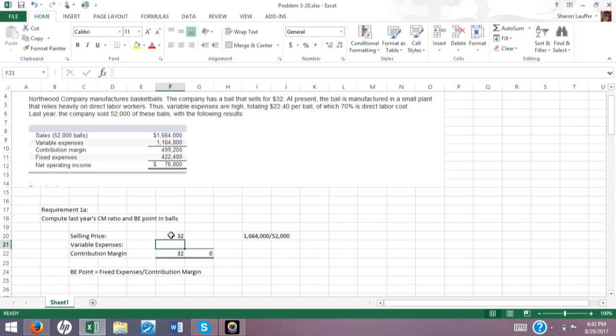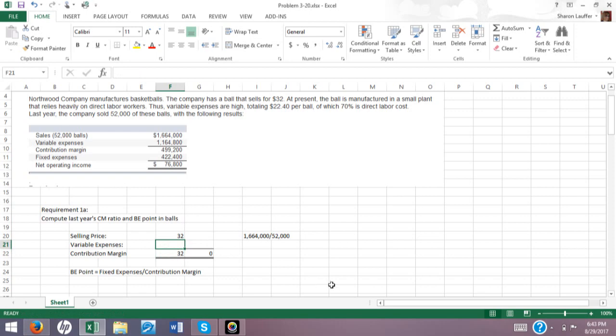Our variable expenses, and they're given up here, $1,164,800. Whoops, that wasn't right. I'm looking at my wrong chart here. Variable expenses per ball.